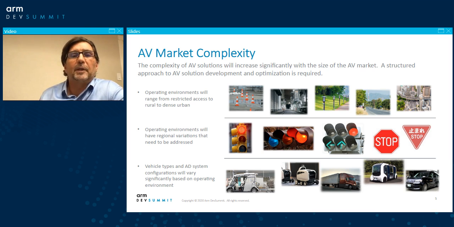So restricted access type facilities, we'll see a lot of industrial logistics type applications where material handling processes are automated. We'll see a range of robotic type devices, so small delivery robots that will be working in these factories, as well as potentially even on public roads and sidewalks.